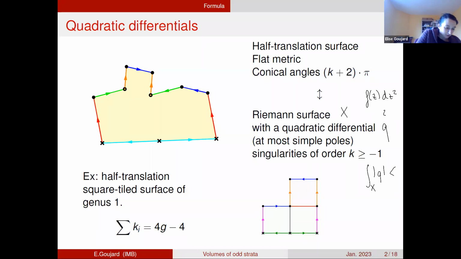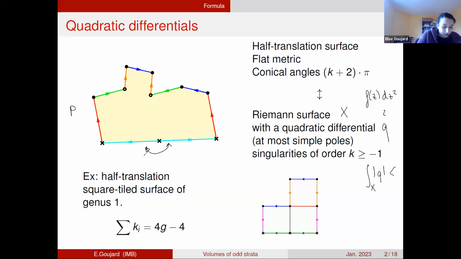You take a polygon in the plane which has sides that are parallel and of the same length, and you identify the sides by either translation, as for these red sides here, or half turn, as for these blue sides here.